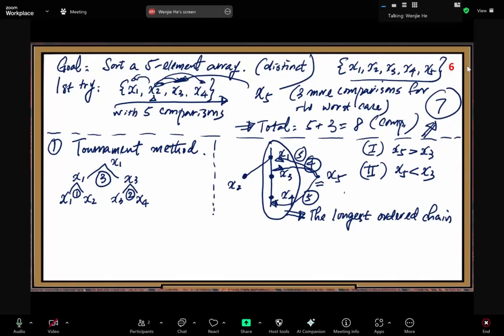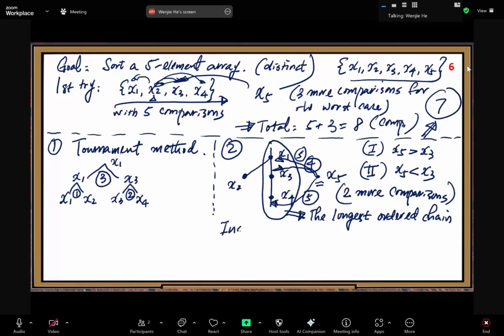In this second round, we need 2 more comparisons to get x5 inserted.